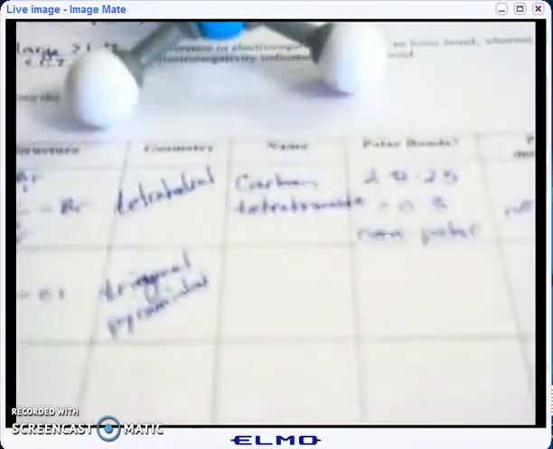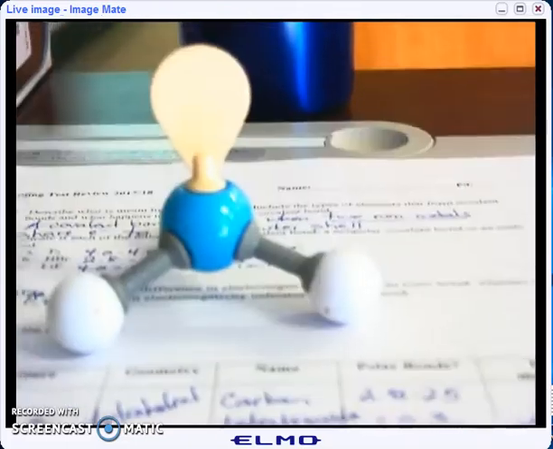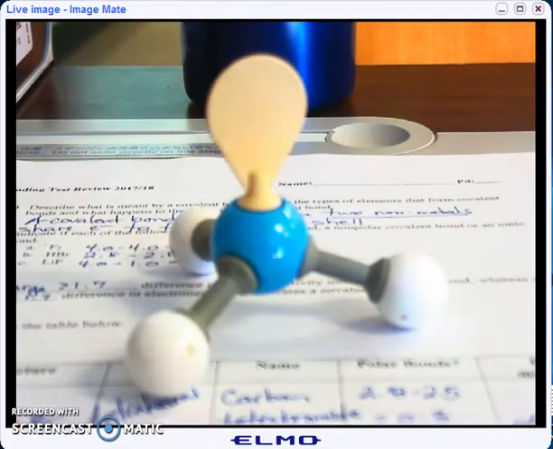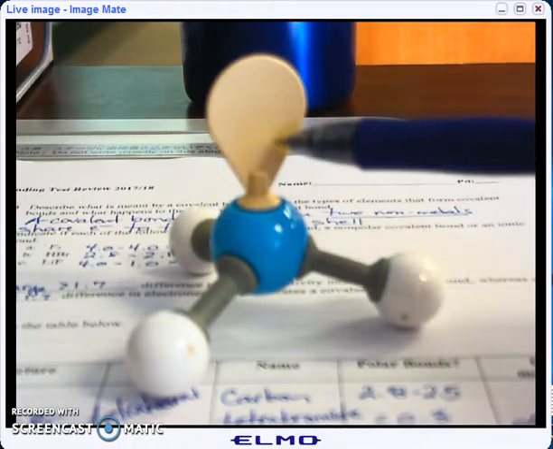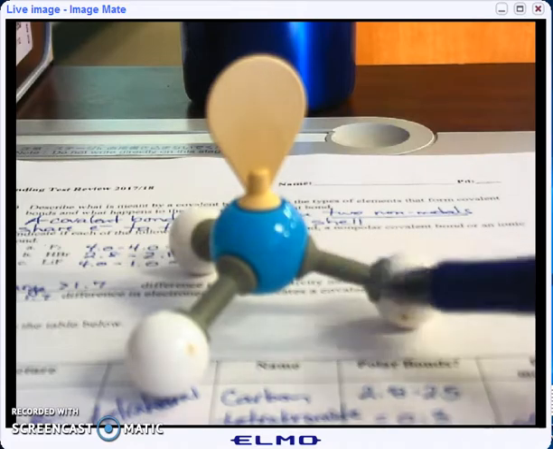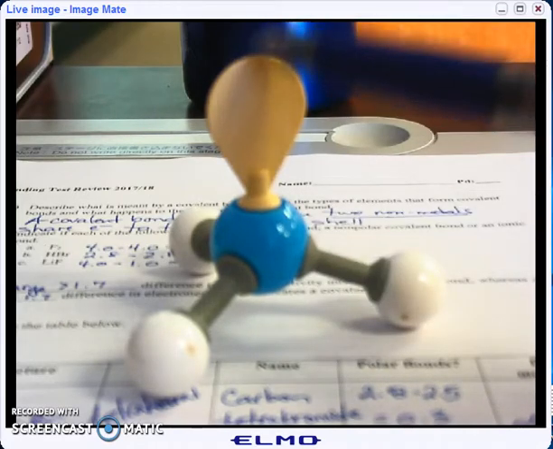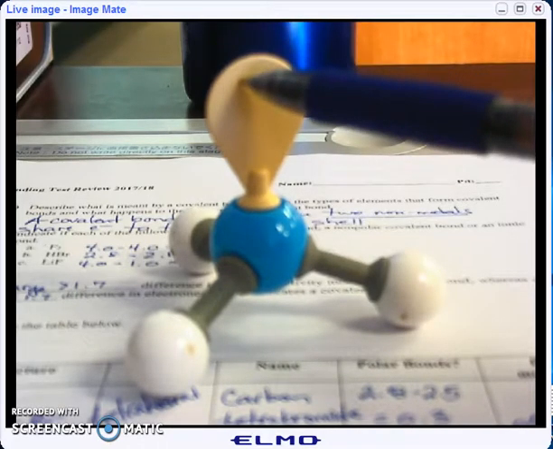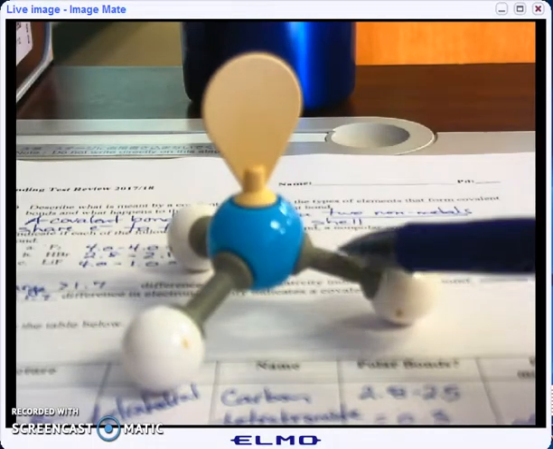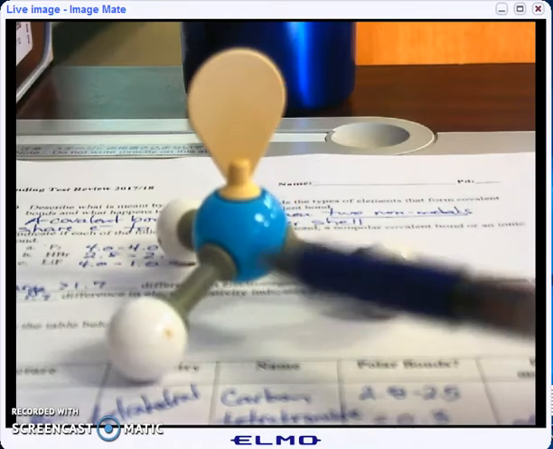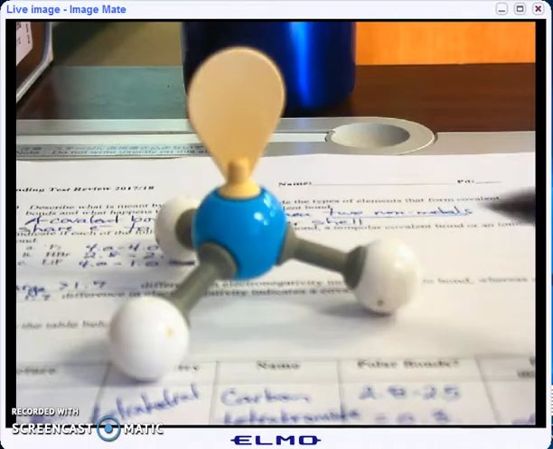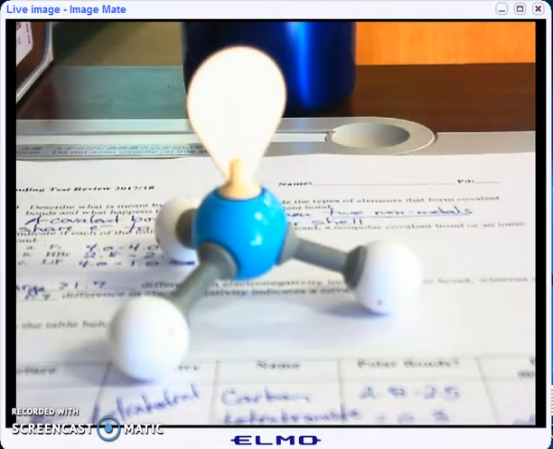So you can see right here, this lone pair pushes down on the other electrons, which creates a small pyramid. If this lone pair wasn't here, it would be flat. But the repulsion pushes these down, which raises that central atom up, which creates a three-sided pyramid. So that lone pair is what does that.